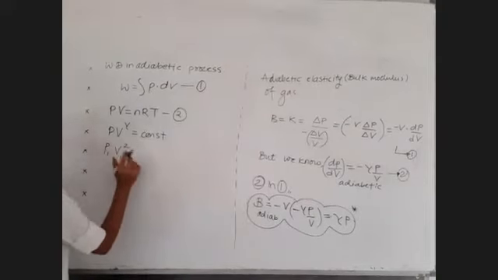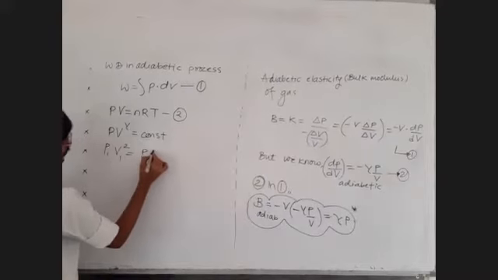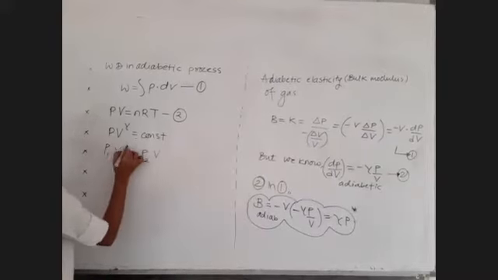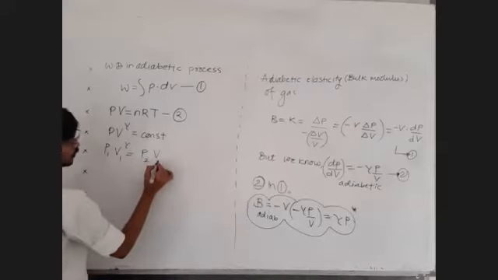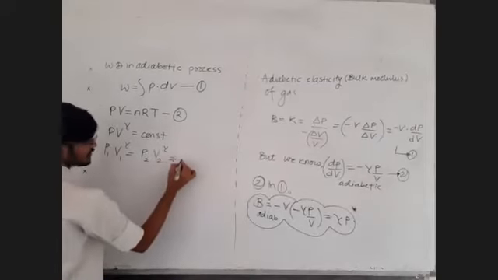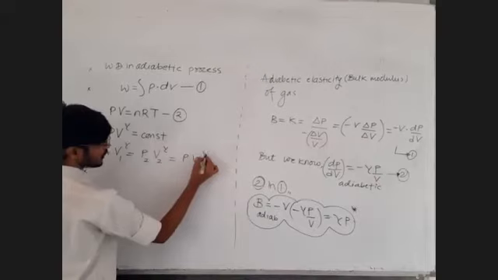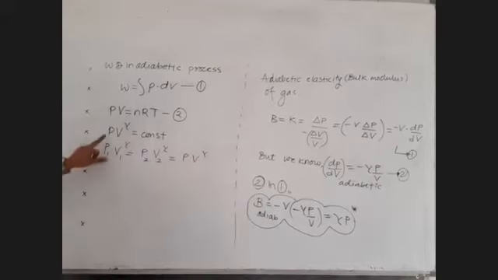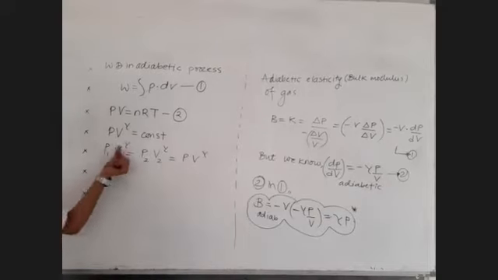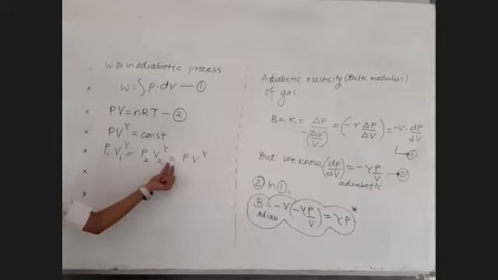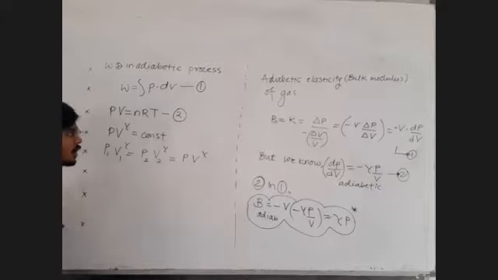P1 V1 raised to gamma is equal to P2 V2 raised to gamma, equal to any general PV raised to gamma.